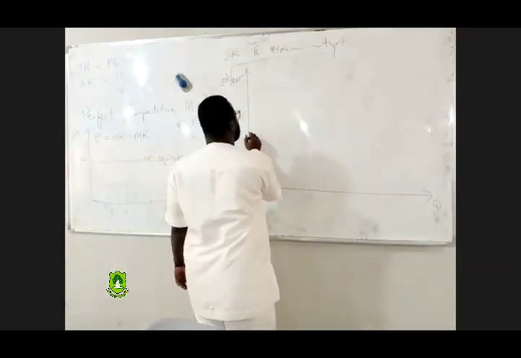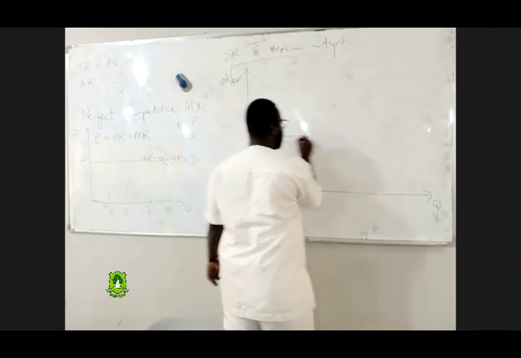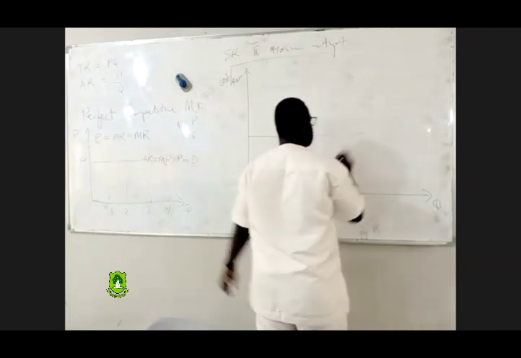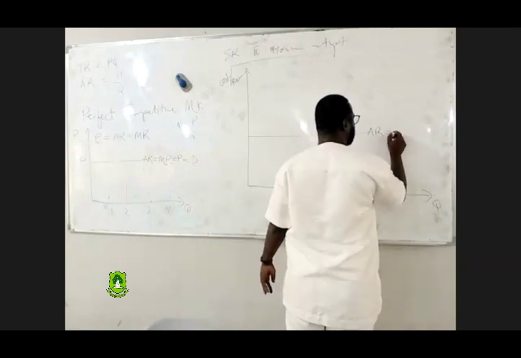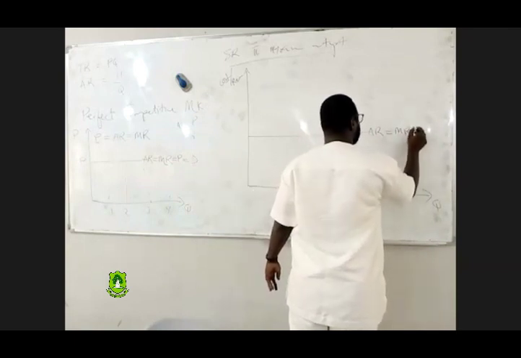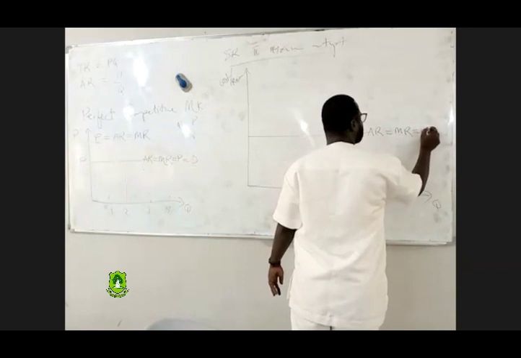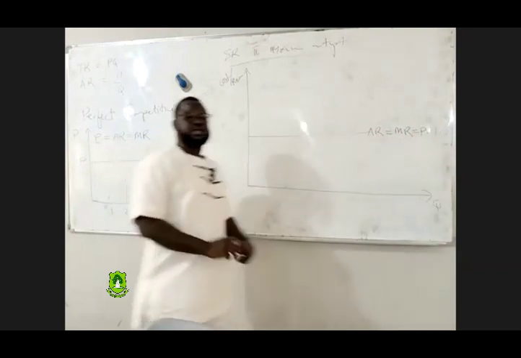Now, I have this one as my average revenue, which is equal to price. If you want, you can add the demand side.